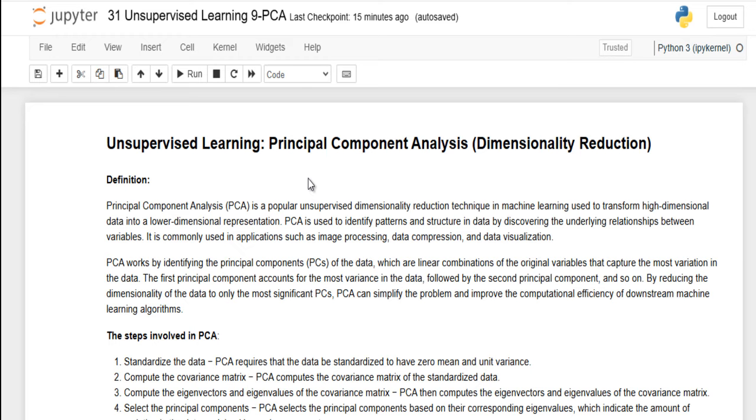The first principal component accounts for the most variance in the data, followed by the second principal component, followed by the third, and so on. By reducing the dimensionality of the data to only the most significant pieces, PCA can simplify the problem and improve the computational efficiency of downstream machine learning algorithms.